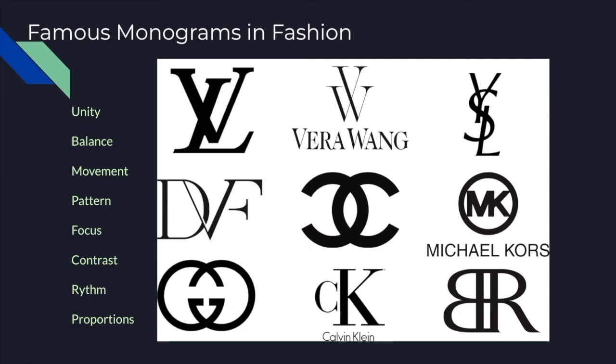So as you look at these logos, there are 2 questions for the check-in. The first question is, when you look at all of these logos, there are 9 logos, different fashion brands. I think they're all fashion brands except for maybe one. Pick one that you think doesn't have as good a unity as the rest of them.